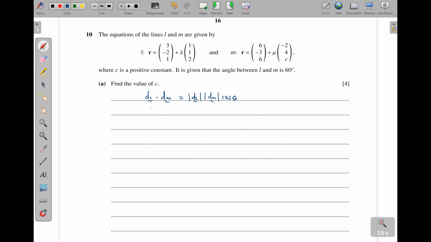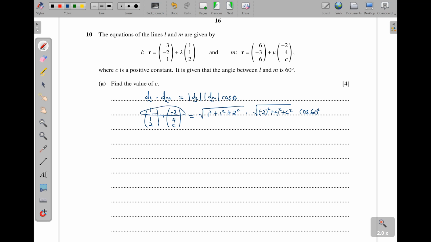Okay, so this is 1, 1, 2 for L, and then dot it with negative 2, 4, C. Okay, then after that we come this way. It is going to be the square root of 1 squared plus 1 squared plus 2 squared, then times the square root of negative 2 squared, then plus 4 squared plus C squared. Then cosine, the angle is already given, cos 60.